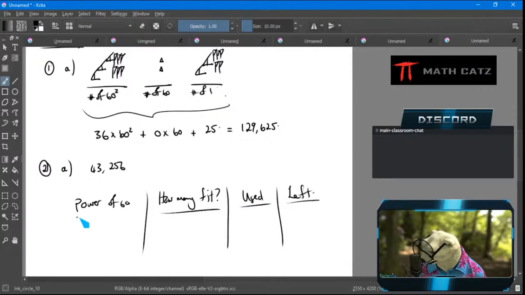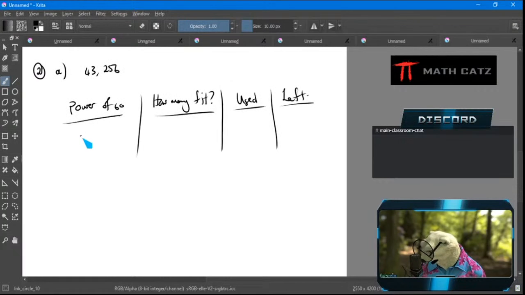Absolutely nothing is going to change in how I approach this. Largest power of 60 will be 60 squared, 3600, because the next one up is 216,000 and that's too big. Once I've done that, again, I cannot skip any other power of 60 that comes after that.